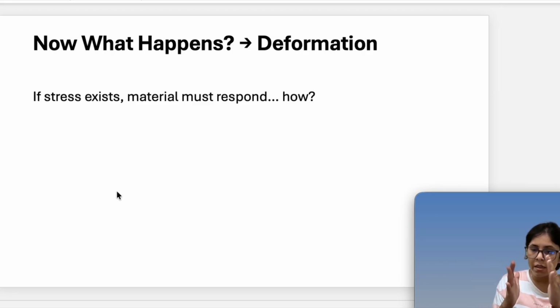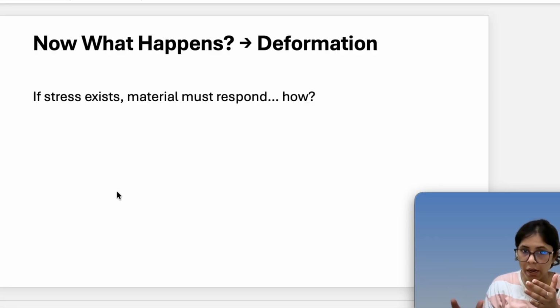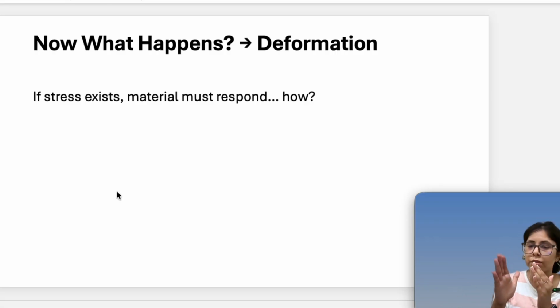If it is a compression force, the material will try to compress, but the material was not compressing, that means it was resisting that compression, right? Even in shear, the material was not deforming in terms of shear. So there was some kind of resistance in that.